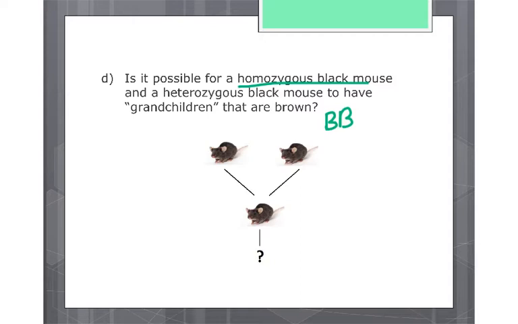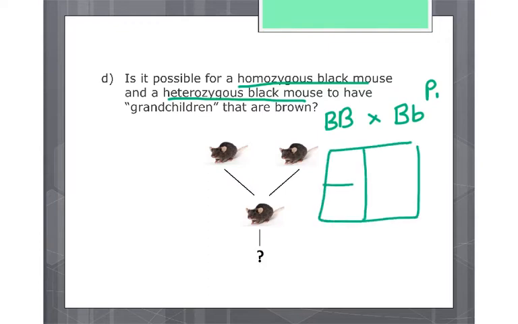And a heterozygous black mouse, so I'm crossing it with that heterozygous big B, little b. So that is our parent generation, our P1. So let's look at the possibility of these offspring.